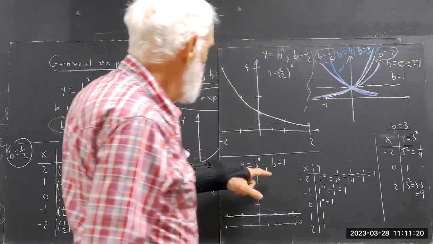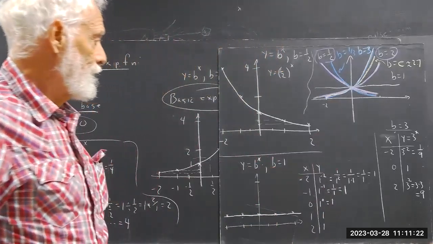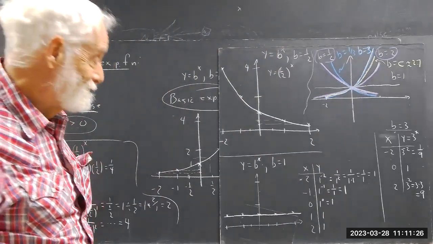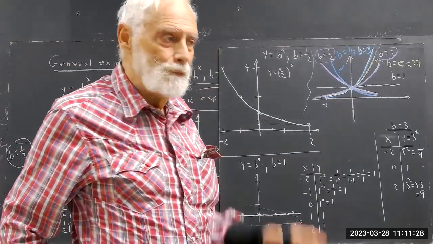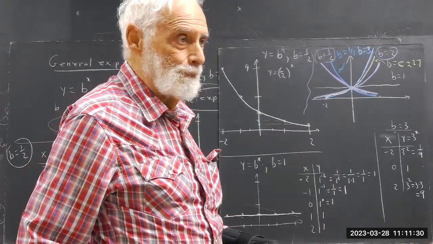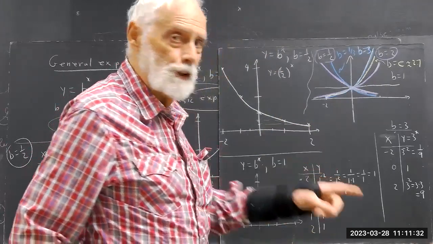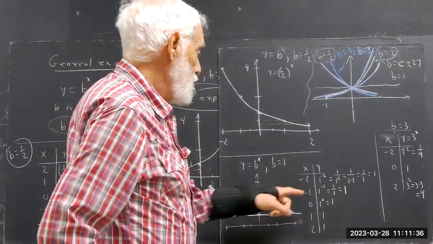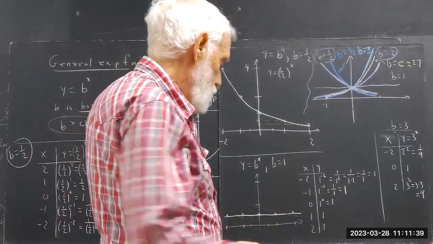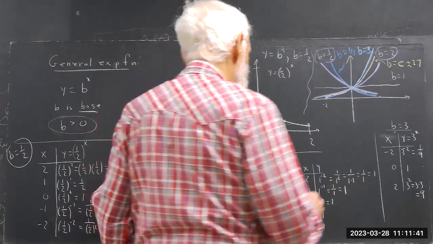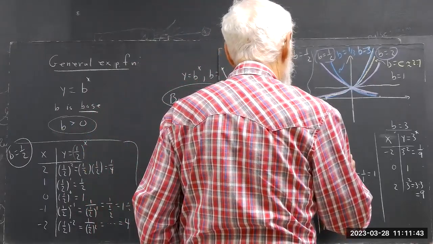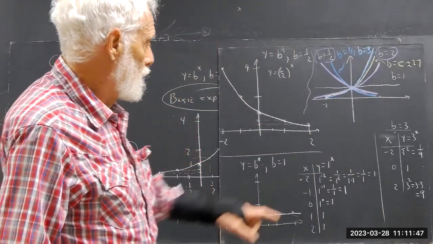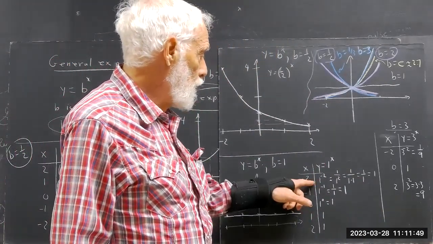Then we do the b equals 1 graph. Well, people actually make mistakes in this table. So you've got to be very attentive to the details of your calculations. Don't skip things, don't write things down if you haven't done the steps. But if b is 1, then y of course equals 1 to the x. So if x is -2, what's 1 to the -2?